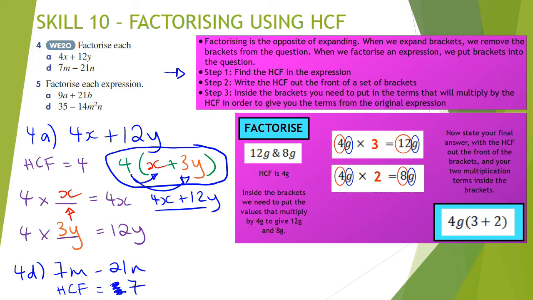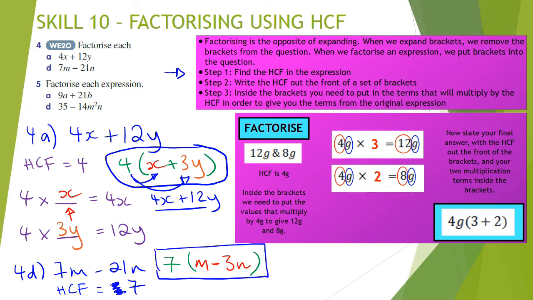So we write 7 out the front of a set of brackets and we work out 7 times m gives 7m. Then we need a subtraction sign, a negative sign. 7 times negative 3 would give negative 21, and then we'd need to have the n letter on the end to give negative 21n. So that would be our answer for 4d.